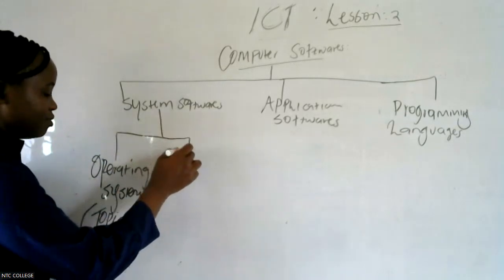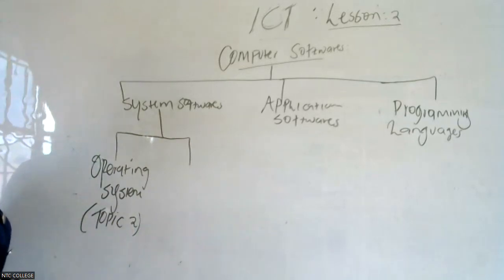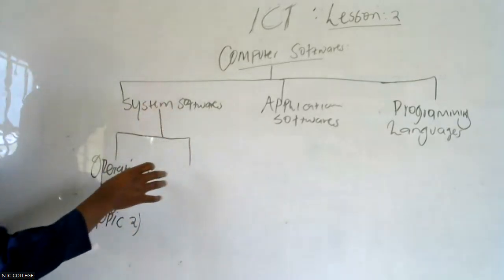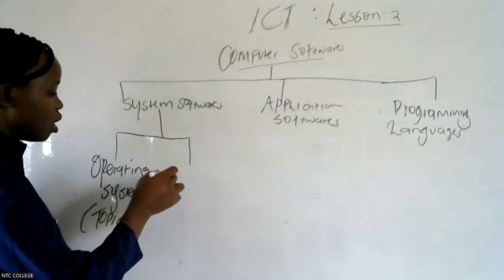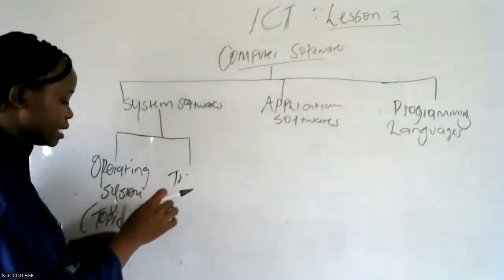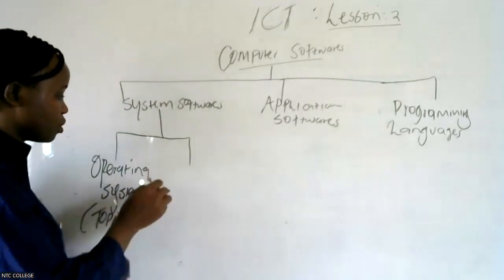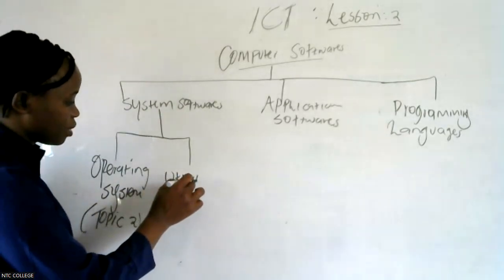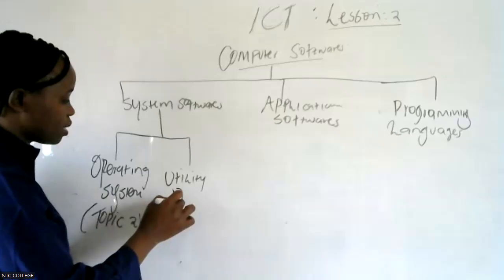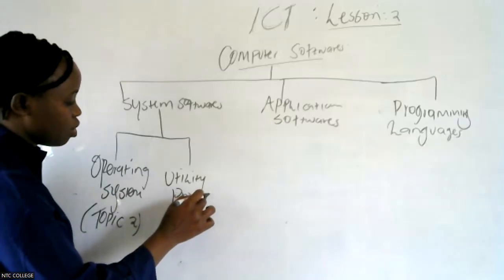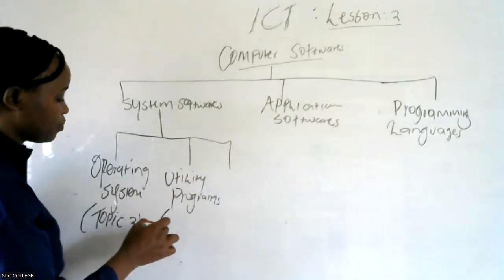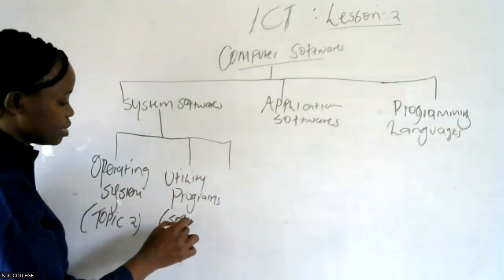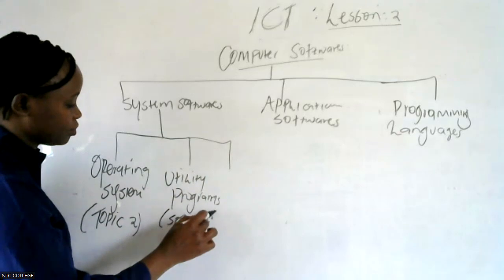Then you have another branch of system software still falling under this category. We call them the utility programs. You can also call them utility softwares because a program and a software are one and the same thing.